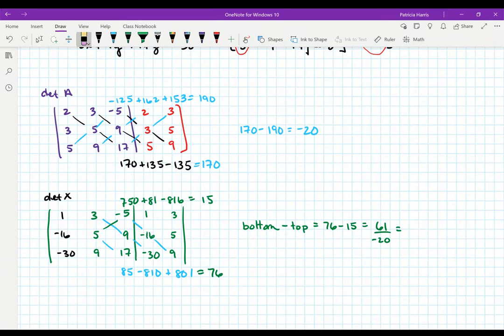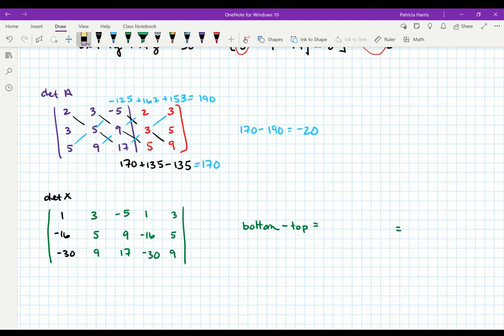So let's get rid of some stuff. Everything's copied down correctly. Let's see if I can find my error.